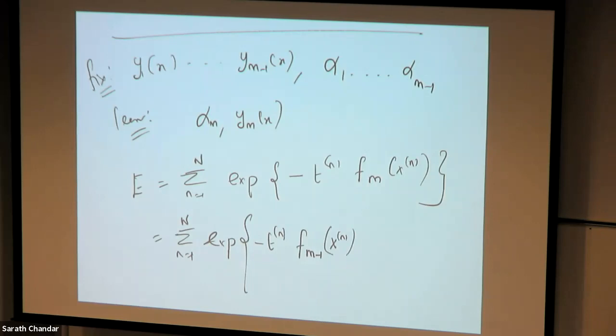So this is a boosted classifier with just m minus 1 classifiers, minus 1 over 2 t of n alpha m y m of x of n. Is that clear?